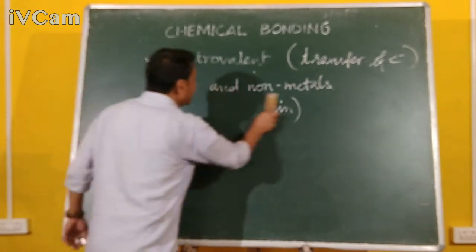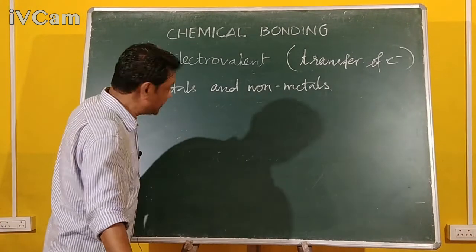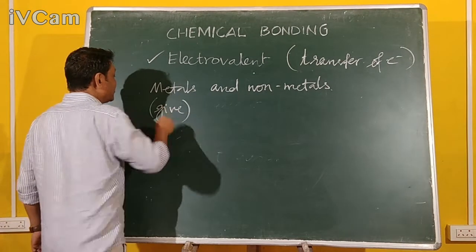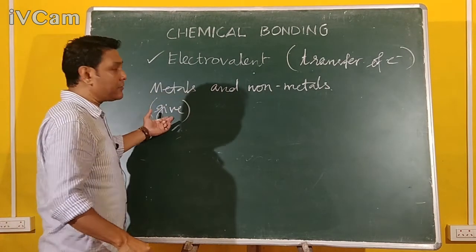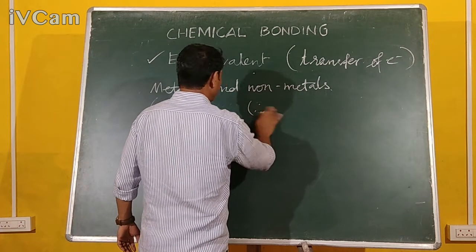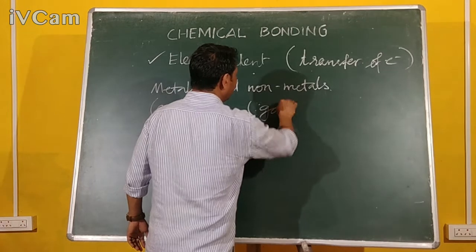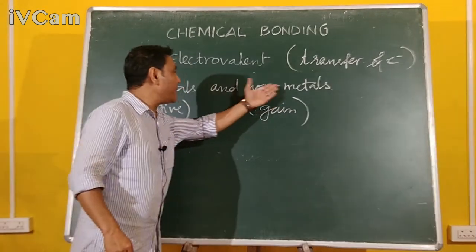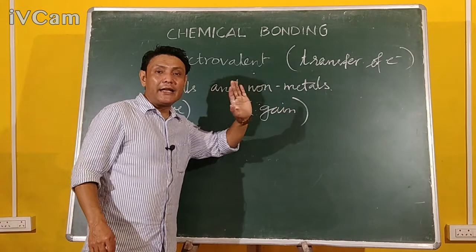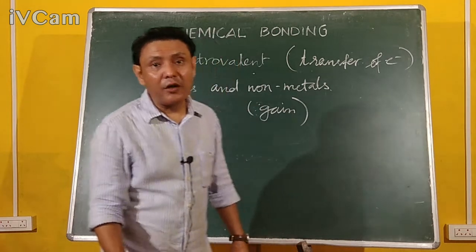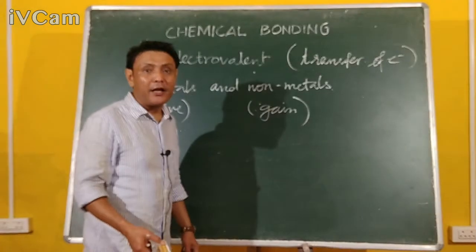In simple language, just to understand, metals give electrons, whereas non-metals receive or gain electrons. Okay, now why is that so? To have stable electronic configuration.